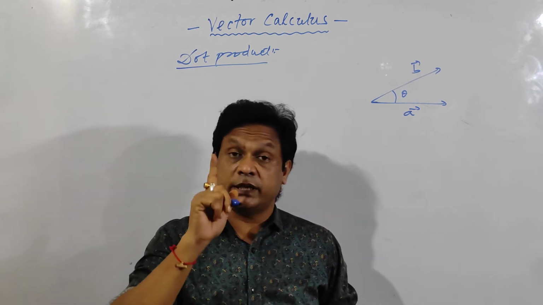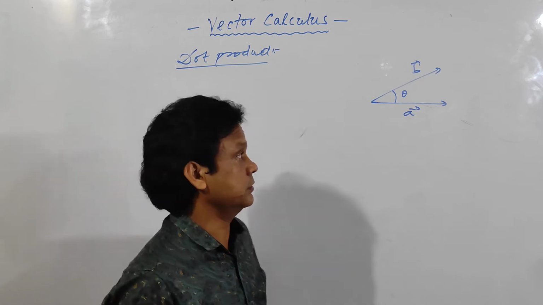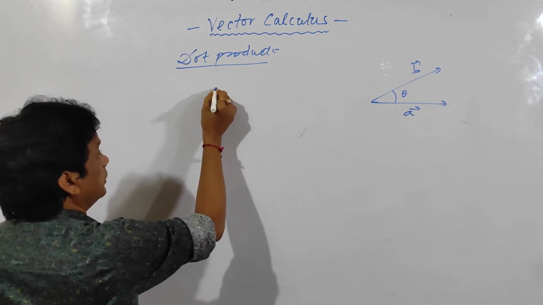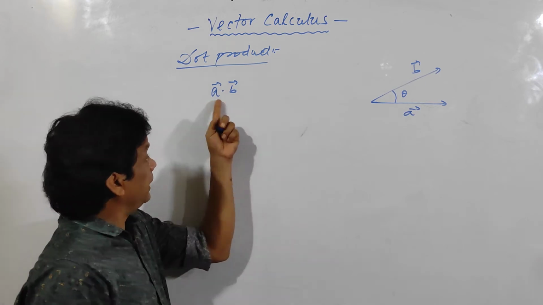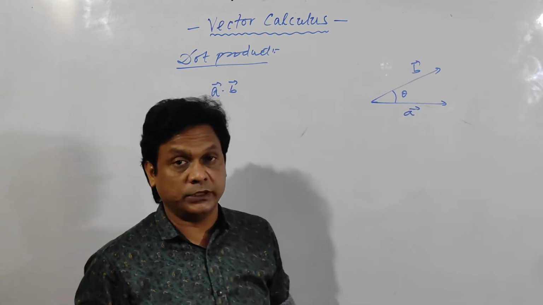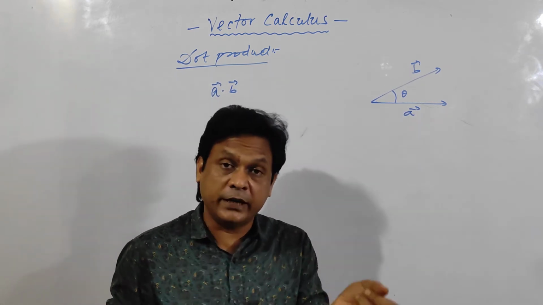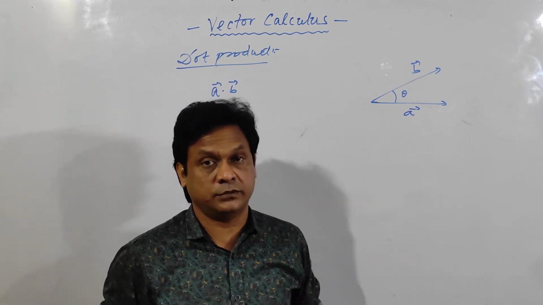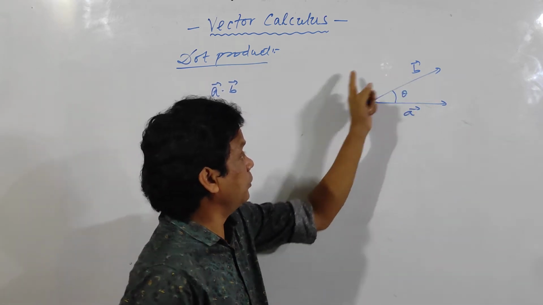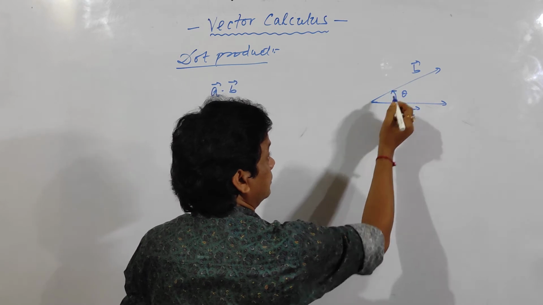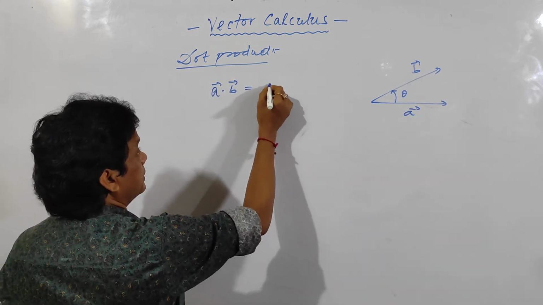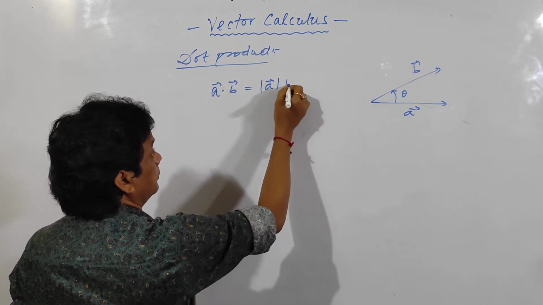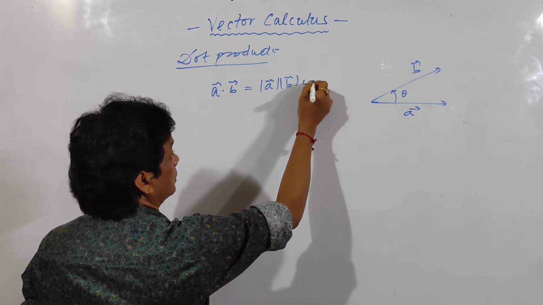While determining A dot B, you should move from A to B, not from B to A. You are taking A dot B from A to B in the anticlockwise direction, that means in this direction. Clear? So the definition of A dot B means mod A vector into mod B vector into cos theta.